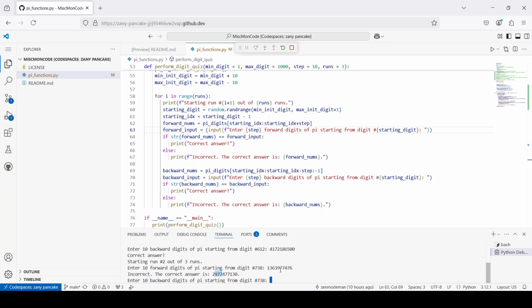Oh, 77, 36. Yeah, I messed it up there. Wait, did I mess it up? Yeah, I guess I messed it up here in any case, by a margin of one.